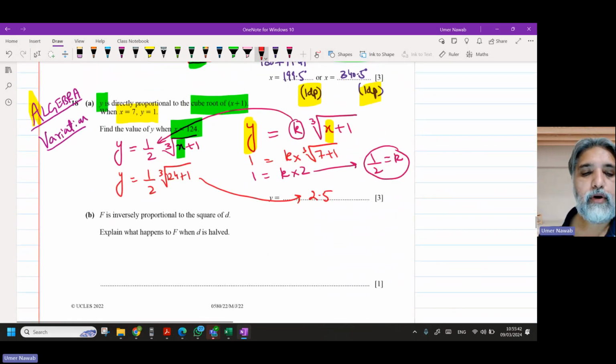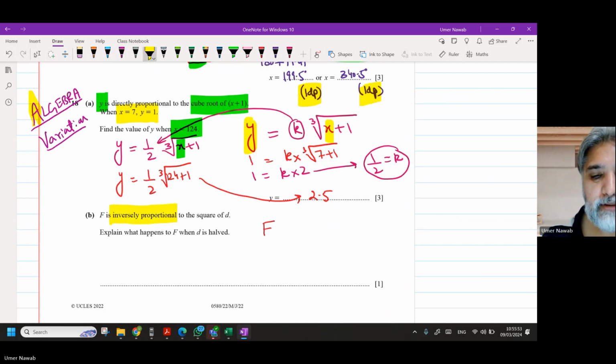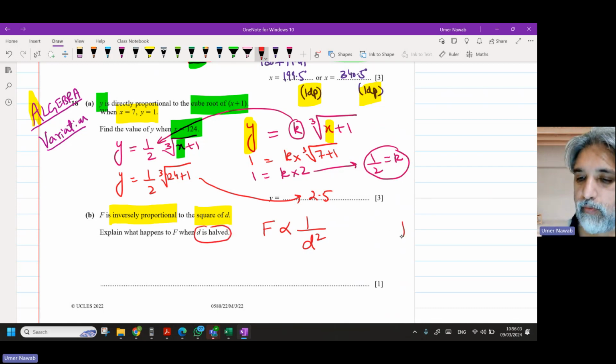Next question, which is always a very direct question. You remember F was inversely proportional to the square of D. When D is half, what happens? So 1 over 0.5 squared.